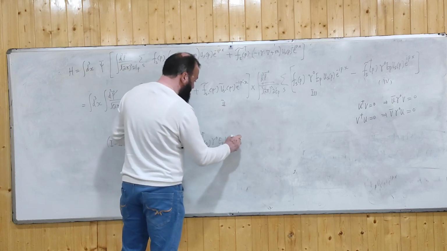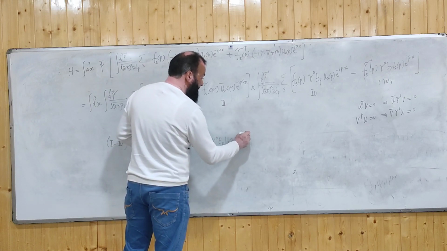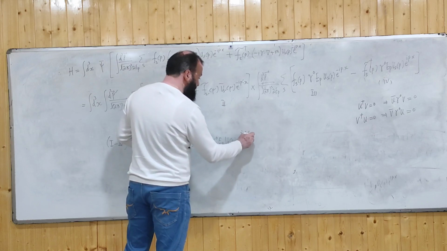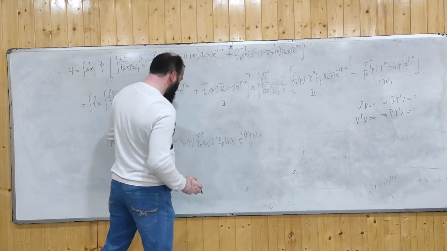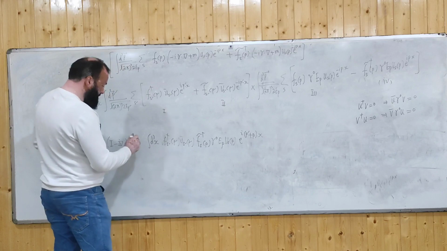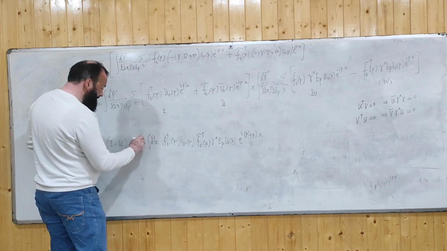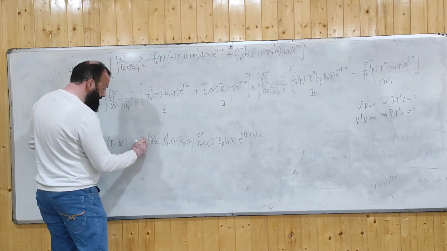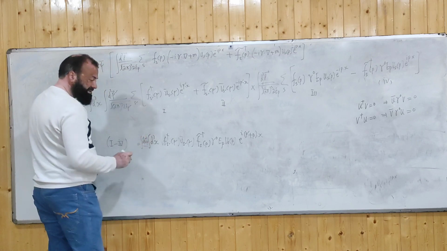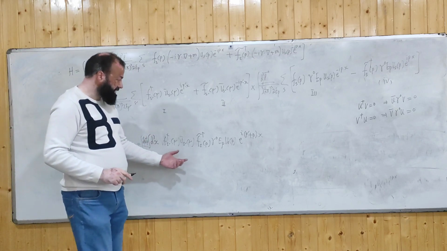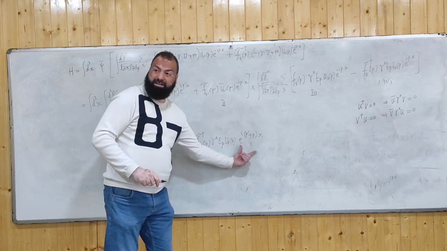And then the exponential e raised to i (p prime plus p) dot x. There is an integration over d3p and d3p prime, divided by that root. Let's take this integration. This depends on x.